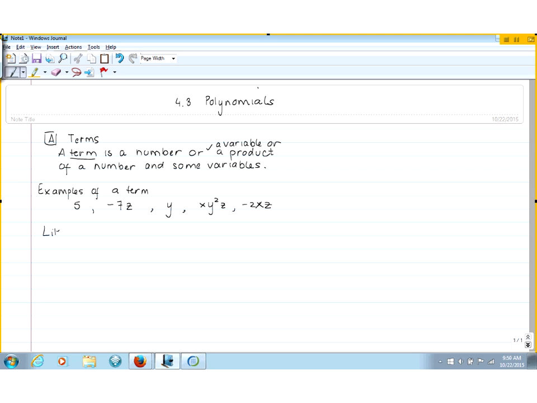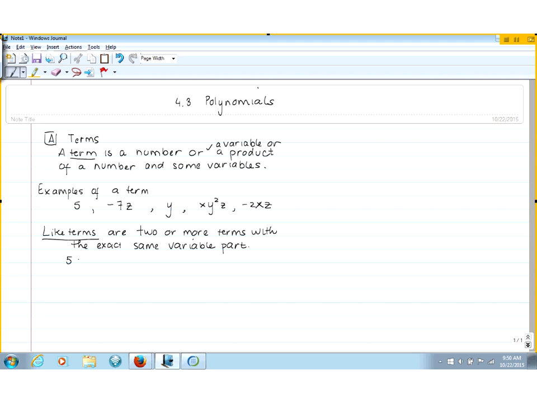So we can combine like terms. What are like terms? Like terms are two or more terms with the exact same variable parts.